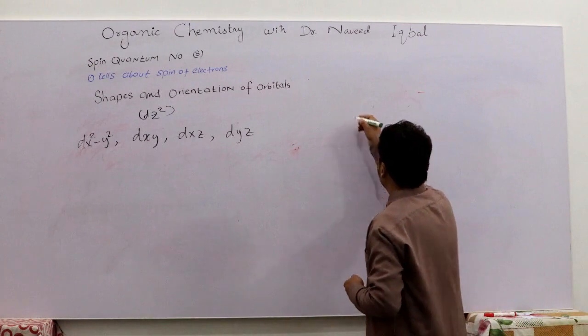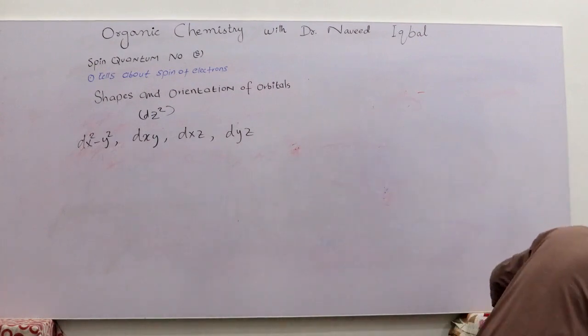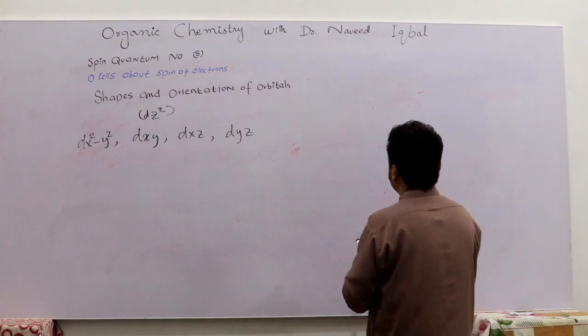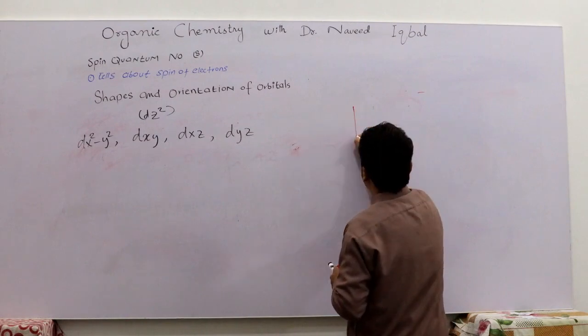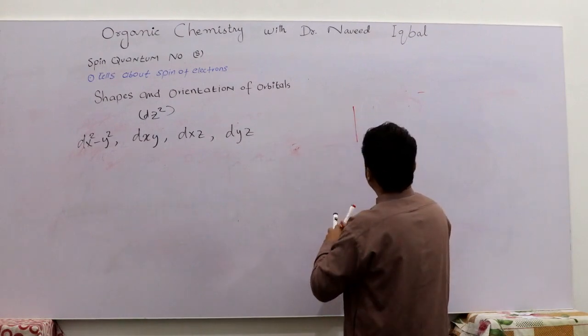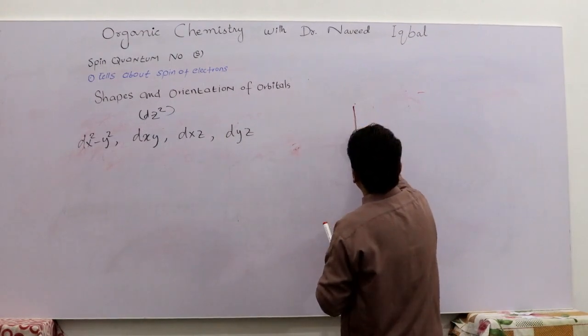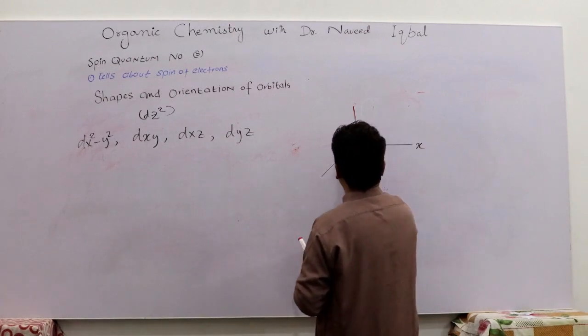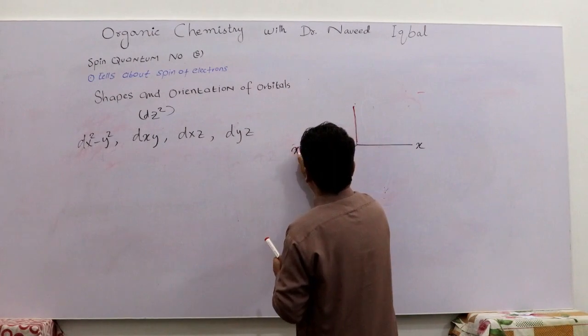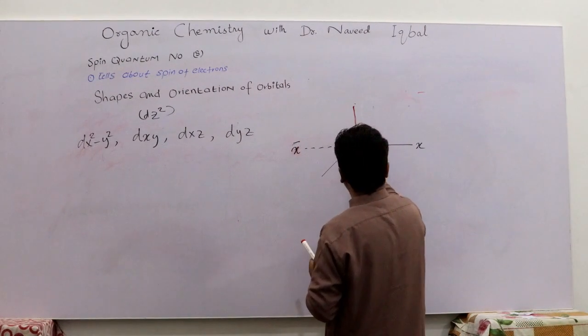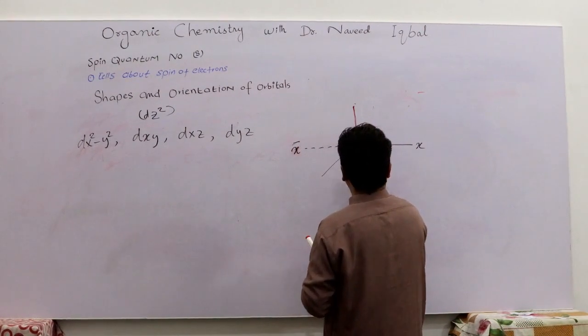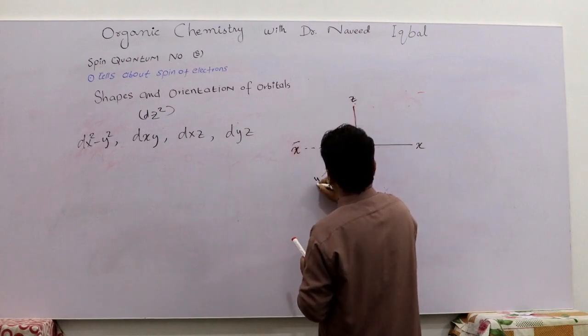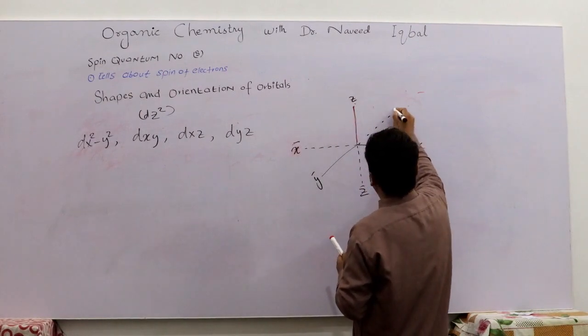So let me draw the coordinate system. This is x prime, z prime, z, y, and y prime.